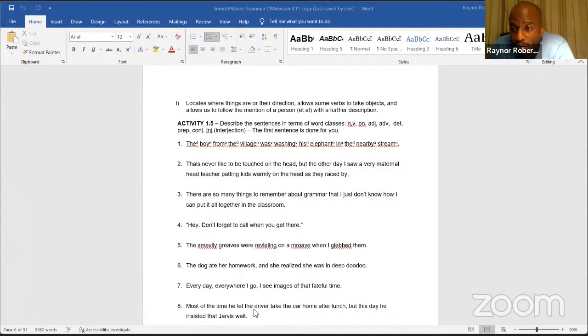Relative pronouns serve as subordinators: what, where, that, when, whom. They're relative pronouns, but they serve as conjunctions.